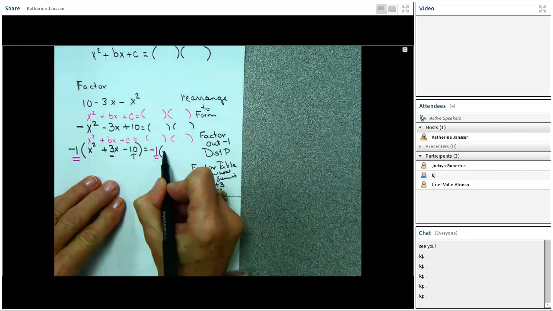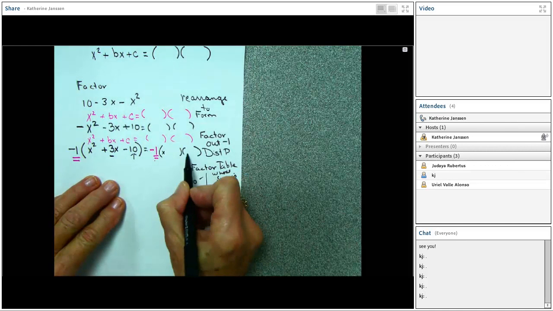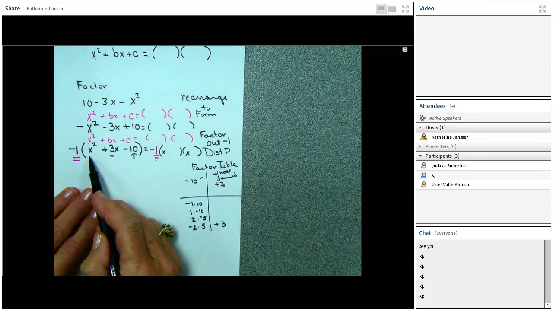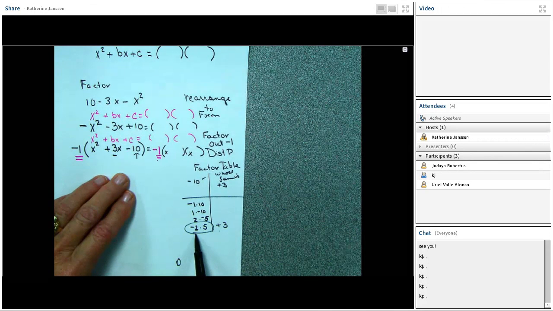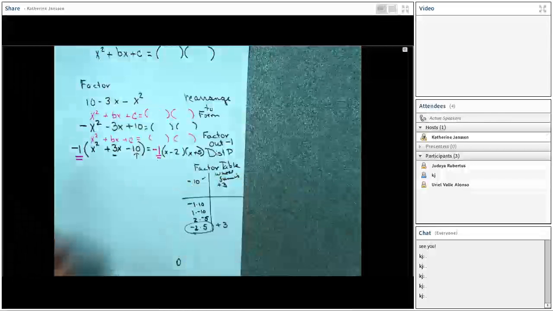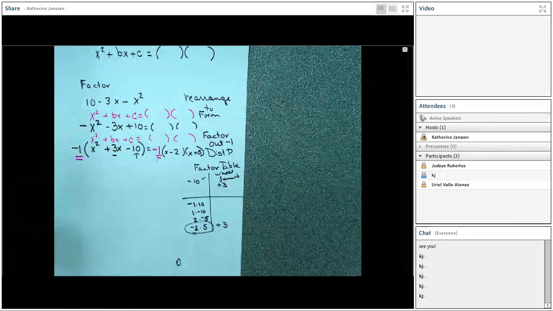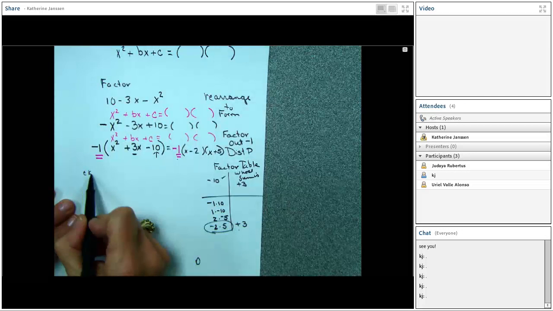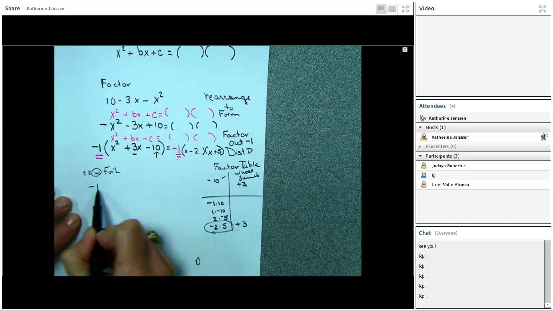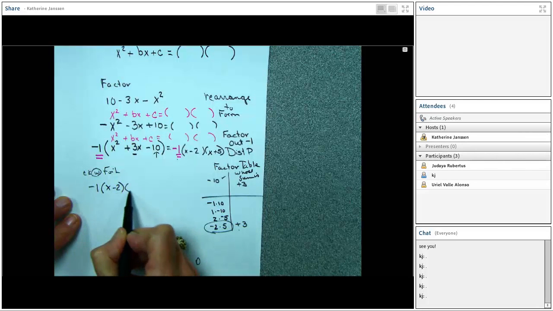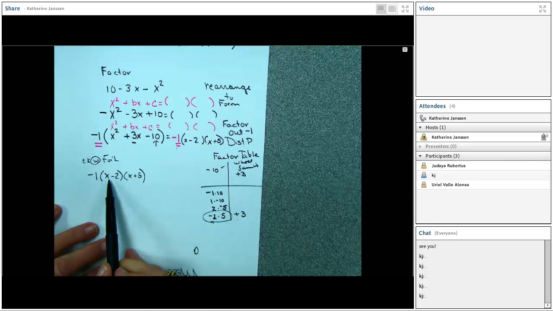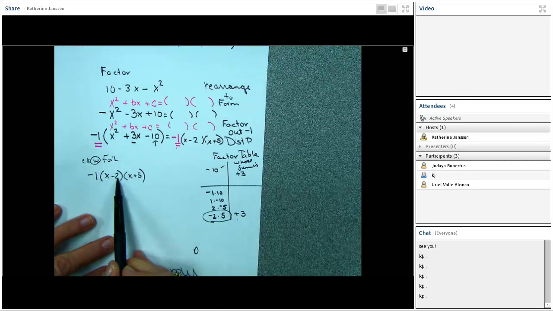We're going to factor this as, I can take the first term, x times x is x squared, gives us that leading term, and now my factor pairs are negative 2 and a positive 5. And we check with FOIL. So negative 1 times x minus 2 times x plus 5. We're checking with FOIL because the first two terms are the same, but the last two terms are different.